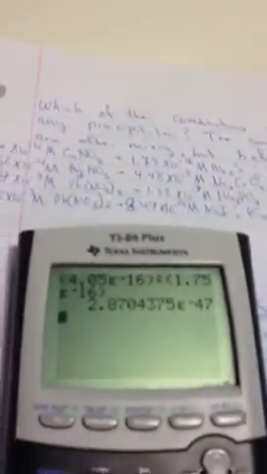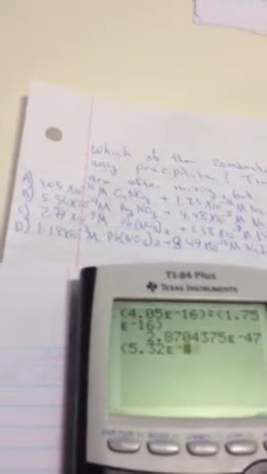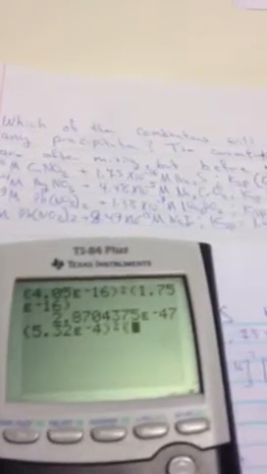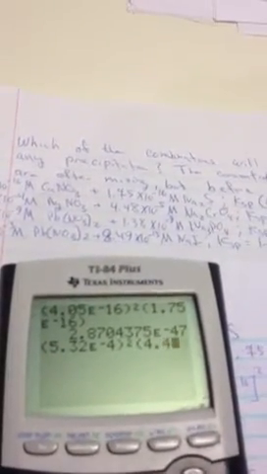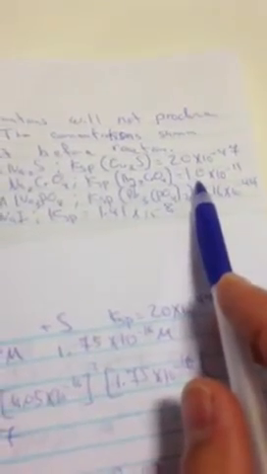I'll just plug that in really quick using the concentrations given: 5.32 e to the negative 4 squared, multiplied by 4.48 e to the negative 5. That gives us 1.26. Again, this is larger than the KSP at equilibrium. So this is going to move to the left, so it's going to produce precipitate. So that doesn't work either.